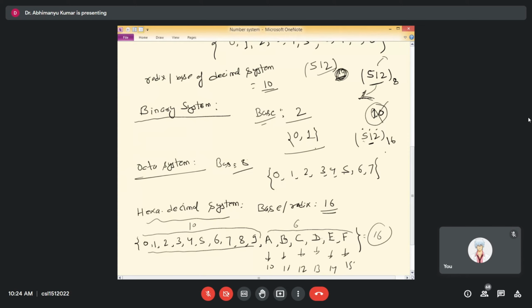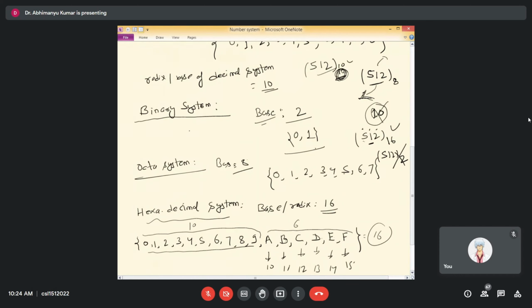So we cannot claim that 512 is in binary. That claim is wrong, but these claims are correct: it can be interpreted as a hexadecimal system, as an octal system, and of course as a decimal system, right?